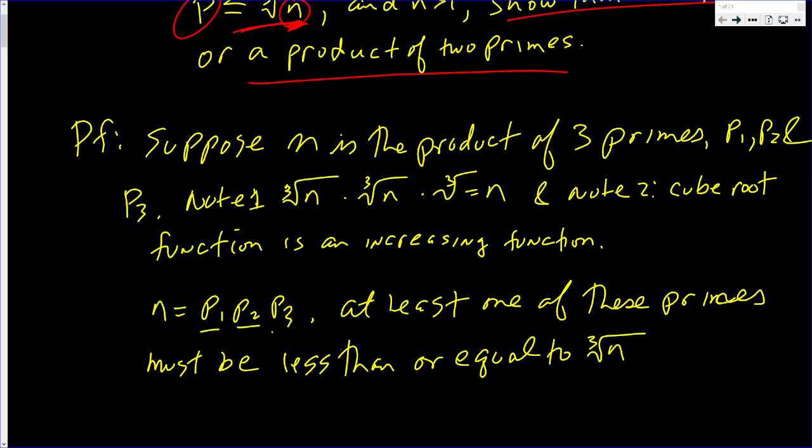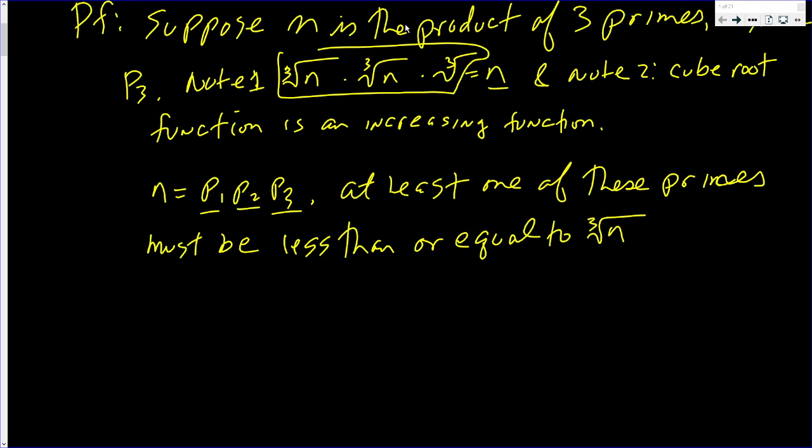Well, if all these primes are the cube root of N, we get back N, which is fine. But if you multiply 3 of them, they can all be the cube root of N or larger.